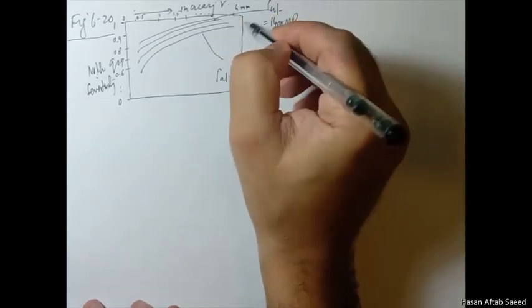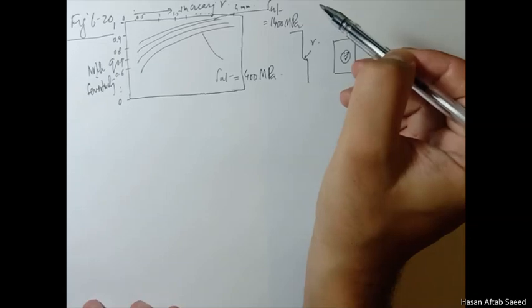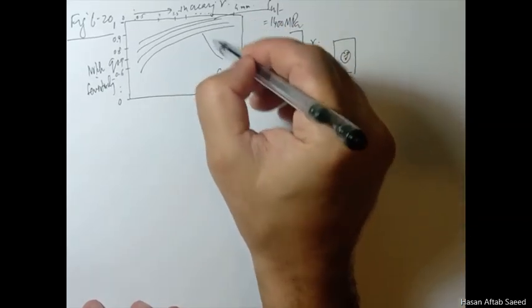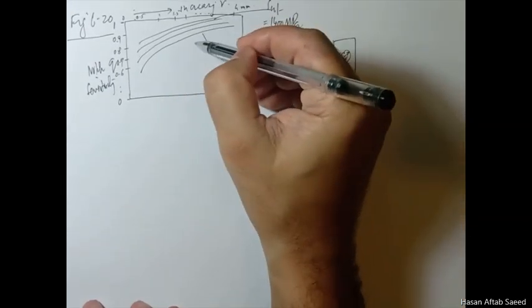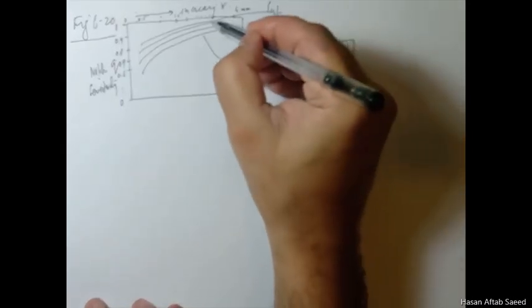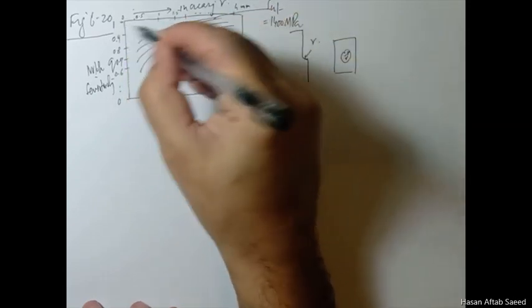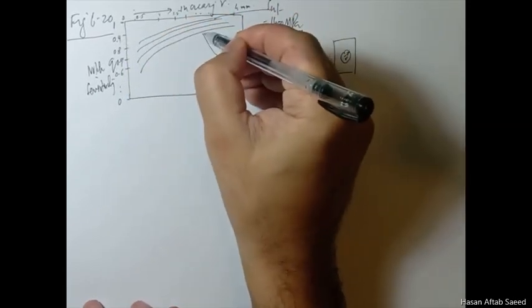So here you have less ductility, although they are also ductile, but these are more ductile. As you go up on this scale, these are the stronger materials. Here you get more notch sensitivity. Here you have less notch sensitivity.